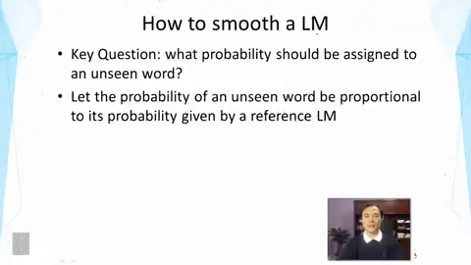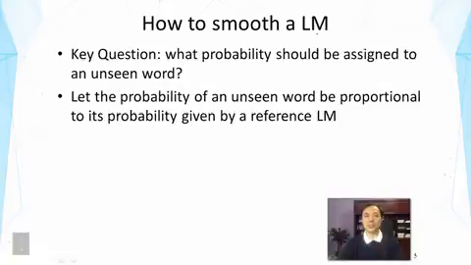One idea here that's very useful for retrieval is let the probability of an unseen word be proportional to its probability given by a reference language model. That means if you don't observe the word in the data set, we're going to assume that its probability is kind of governed by another reference language model that we will construct.